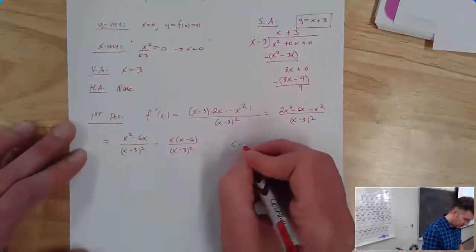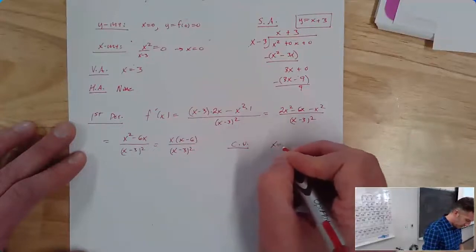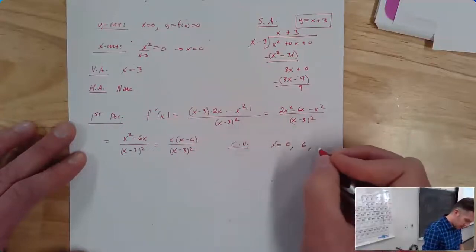Our critical values are going to be x equal to 0, 6, and 3.